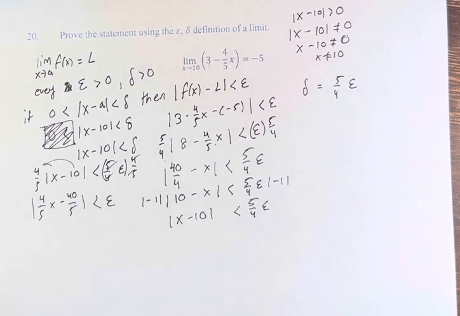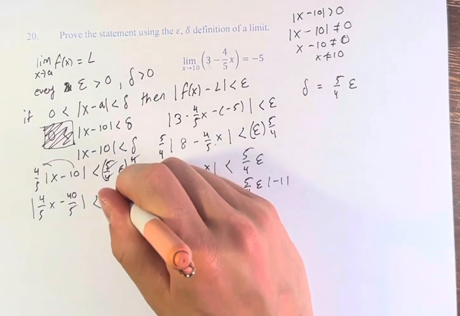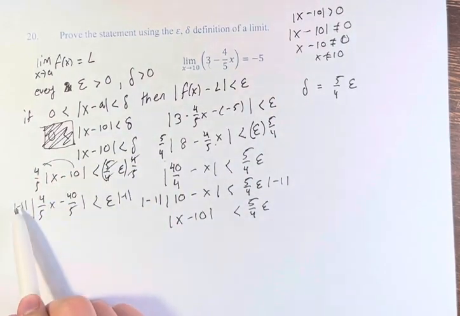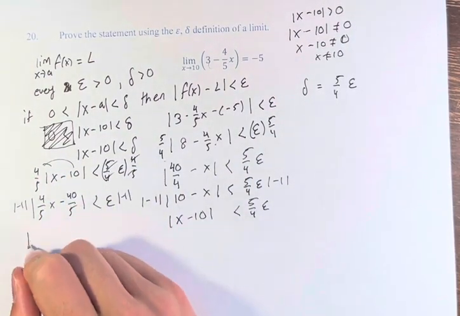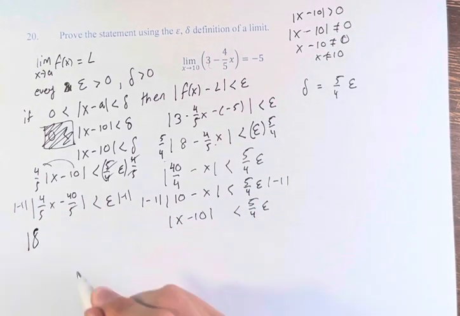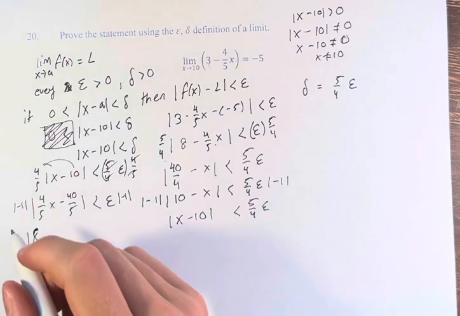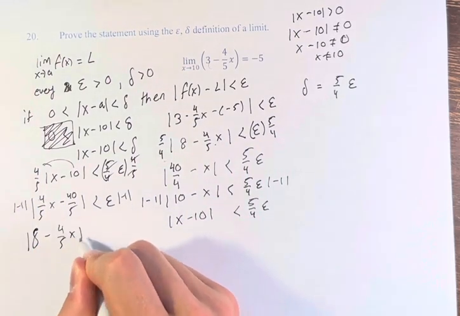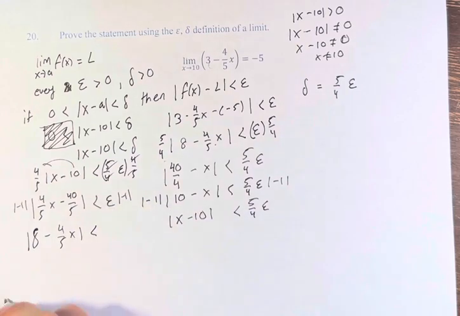We then have to multiply both sides by the absolute value of negative 1 again to get that negative 1 times negative 40 is positive 40 over 5 is positive 8, minus 1 times 4/5 x is minus 4/5 x. This is less than epsilon times absolute value of negative 1, which is just epsilon.